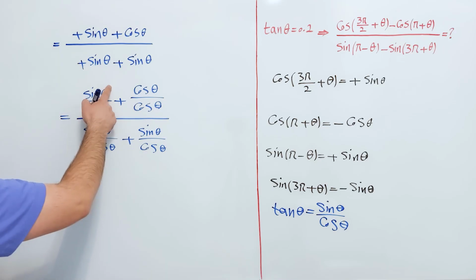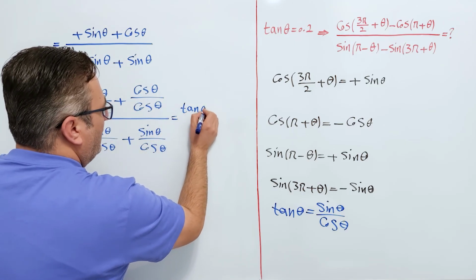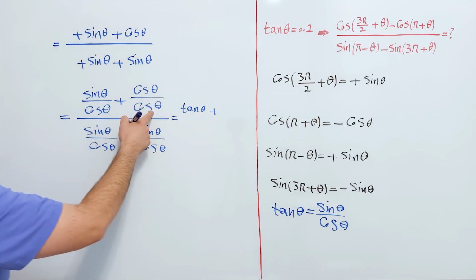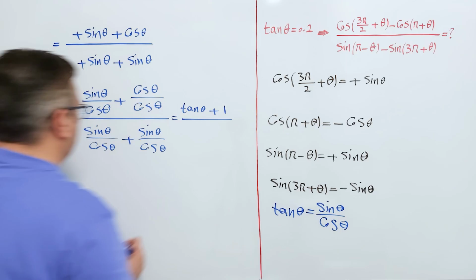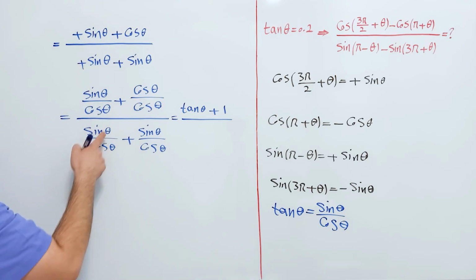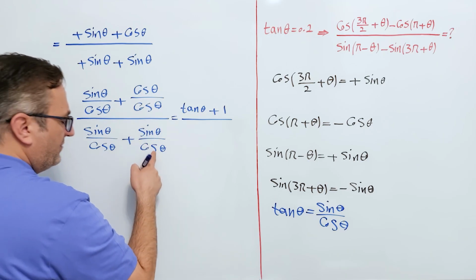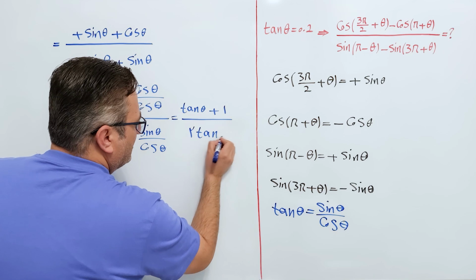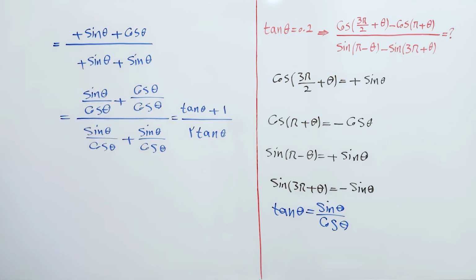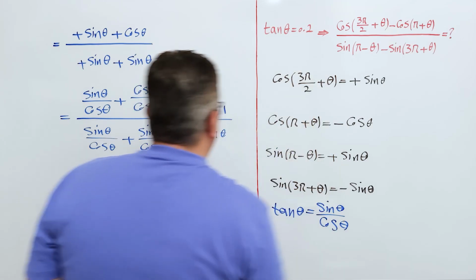Okay? Sine theta divided by cosine theta is equal to tangent of theta, plus cosine theta divided by cosine theta is equal to 1, divided by sine theta divided by cosine theta plus sine theta divided by cosine theta, which is equal to 2 times tangent theta. And we know that tangent theta is equal to 0.2.